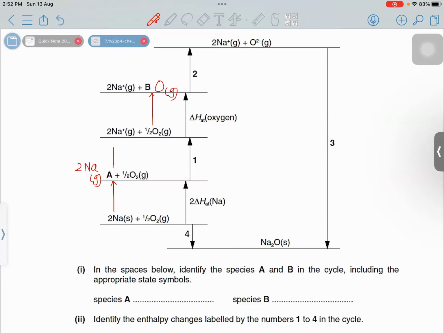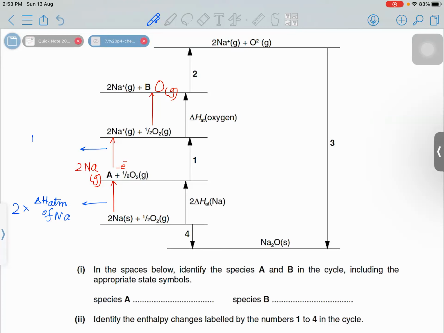This is when you remove one electron. Are you getting my point or not? Yes, sir. This is atomization of sodium, and this one is 2 times, right?